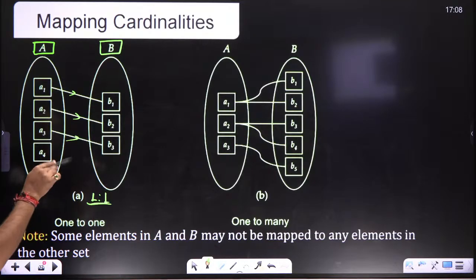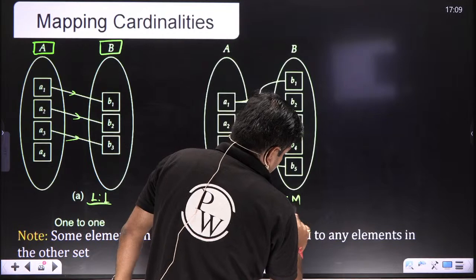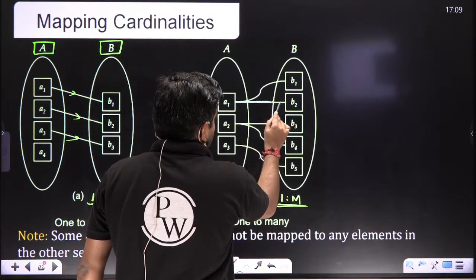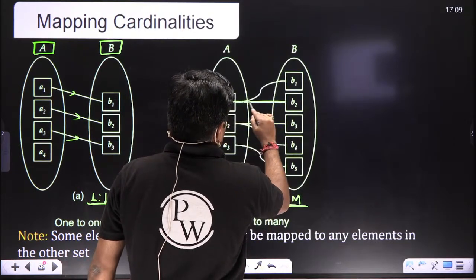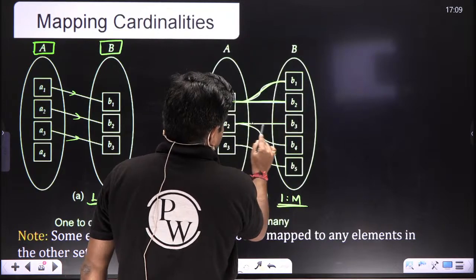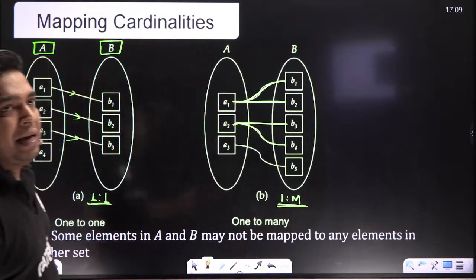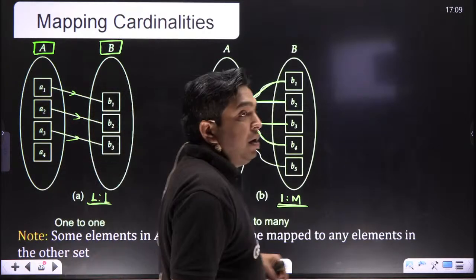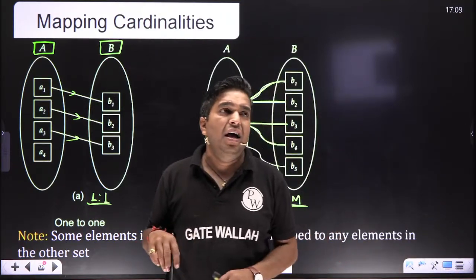Then 1 to many: one entity participates with many. Now let me know, here in option 1 to 1, everyone, Sham, Seema, Jaideep, Shan.